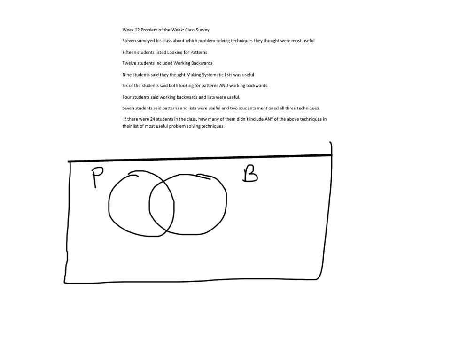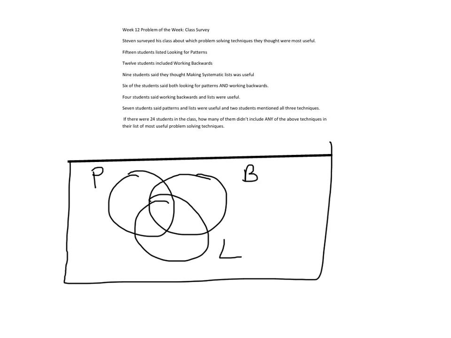One circle for those who listed patterns, so make a big circle with the letter P. One circle for those who said working backwards, so put a B for working backwards. And one circle for students who said lists. And we'll call that one L. And these overlapping sections indicate the fact that some students listed more than one of these techniques.